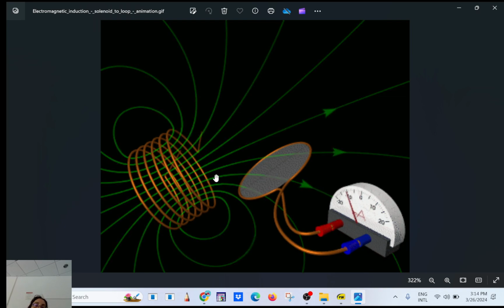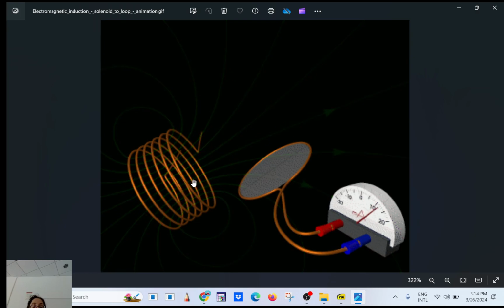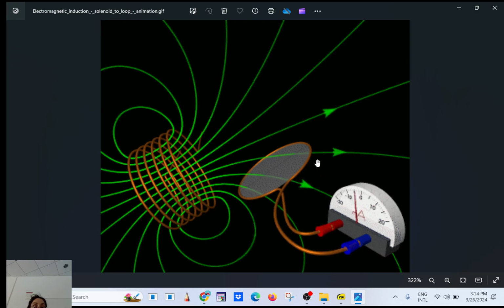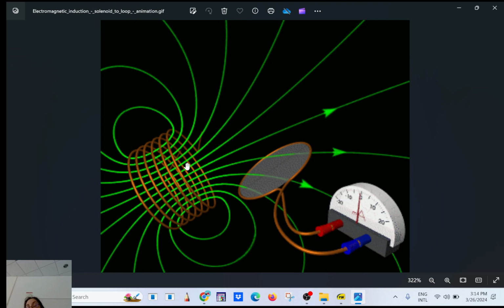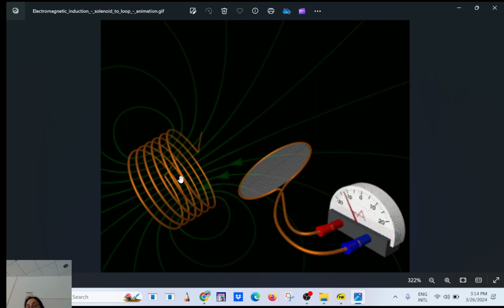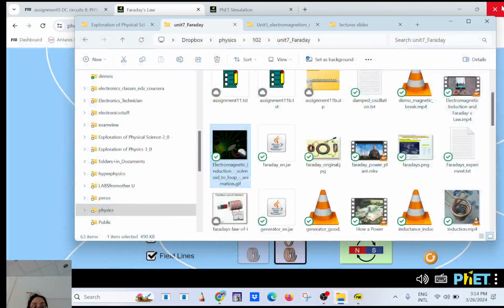So you can see here, in that case you are not moving the conductor; you turn the electromagnet on and off, so the magnetic field lines will increase and then decrease because you turn electricity on and off. That's enough to induce current. But I had a nice GIF.